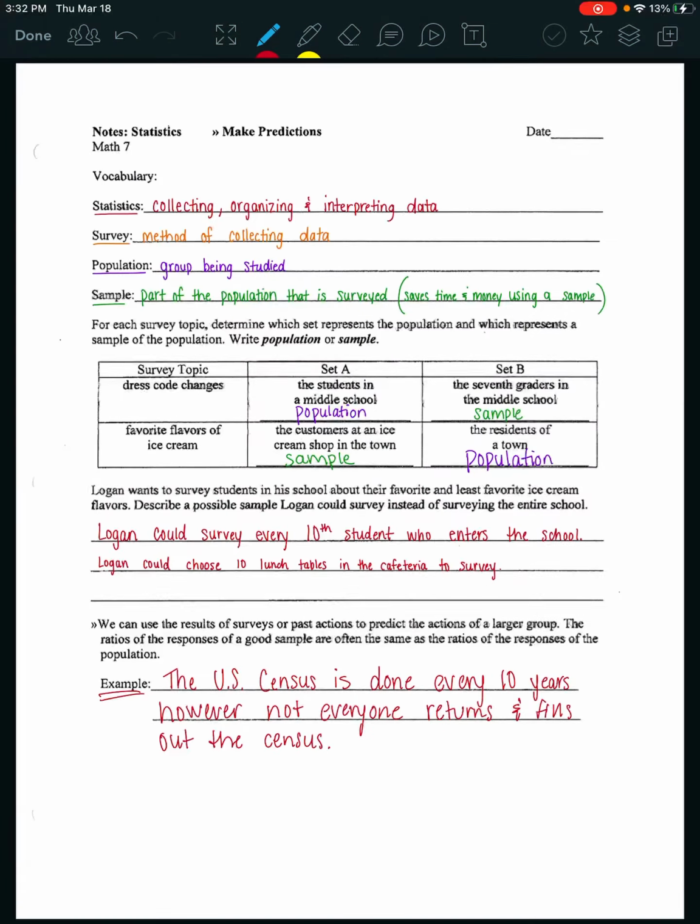And then that information is used, such as the average age, the average income, the number of children in the house, and we use that then to represent the entire country and not just the people who responded.